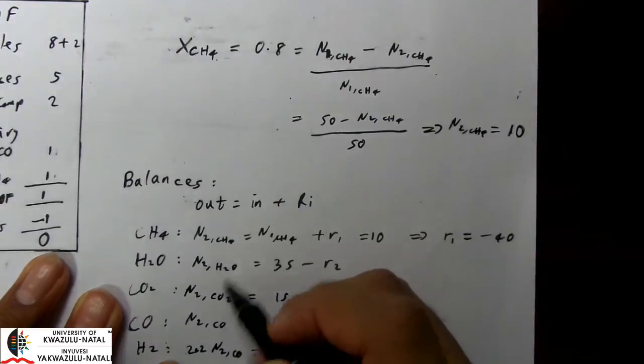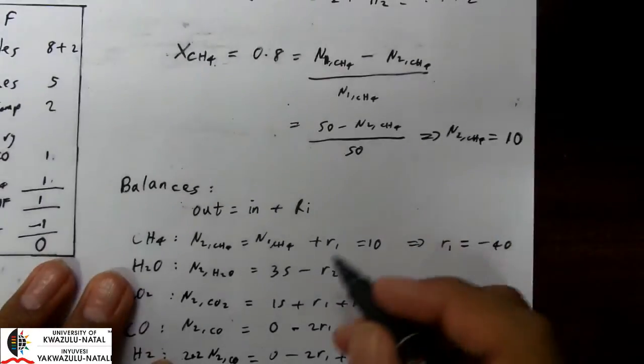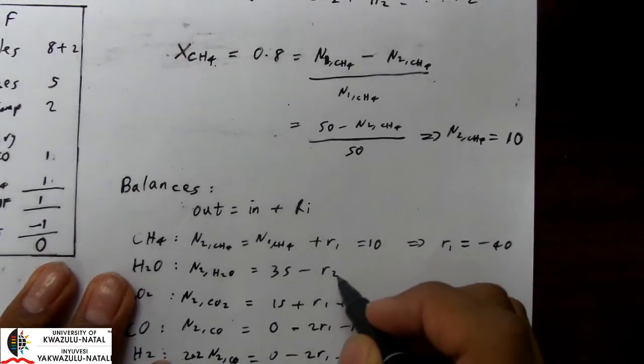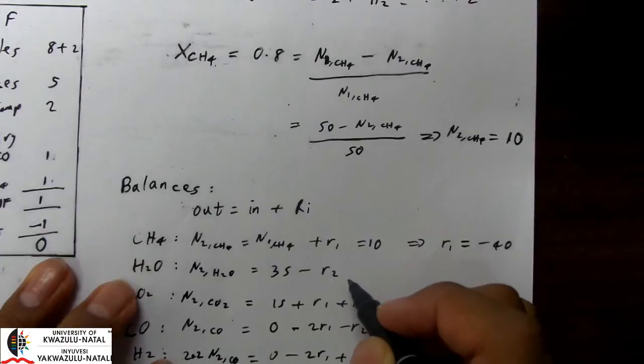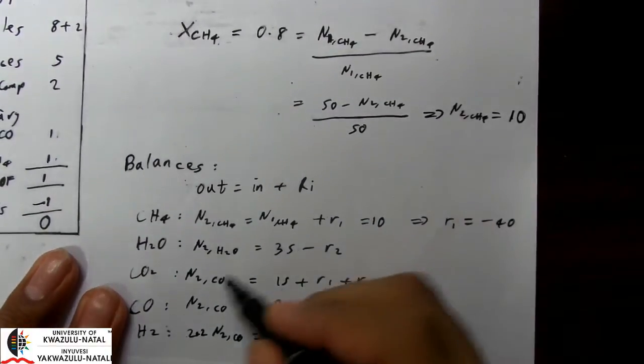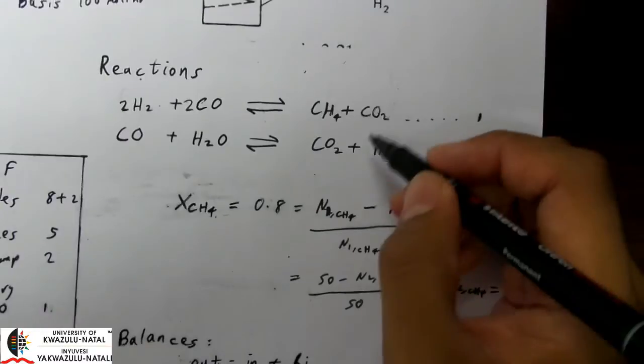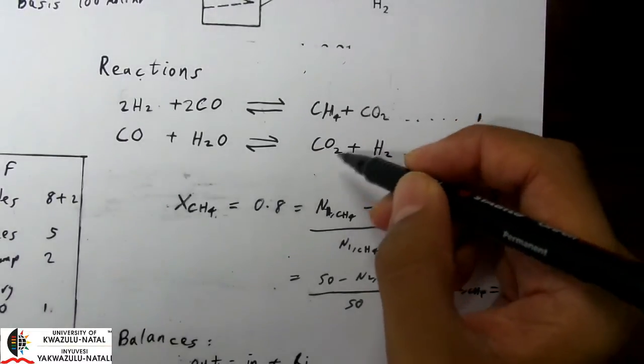The output of water is equal to the input, and it's being used as a reactant in reaction 2. So that's why we have 35 minus 1 times R2. In the case of CO2, the output of CO2 is equal to the input plus it is being produced in reaction 1 and reaction 2.